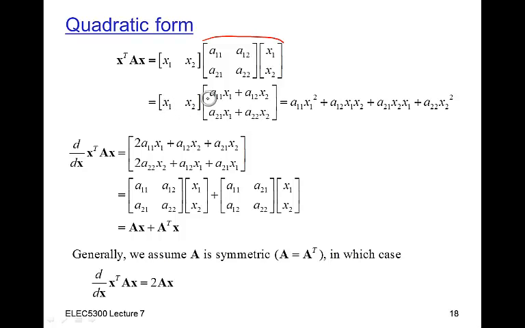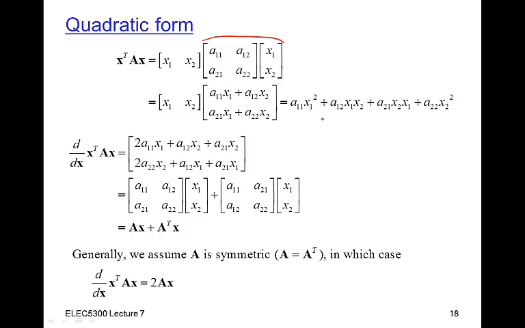And then when I multiply this thing out, I get a11 x1 squared, a12 x1 x2, a21 x2 x1, and a22 x2 squared. So I get this expression right here. And so you can see here that this is indeed a quadratic. It just contains terms of order 2.